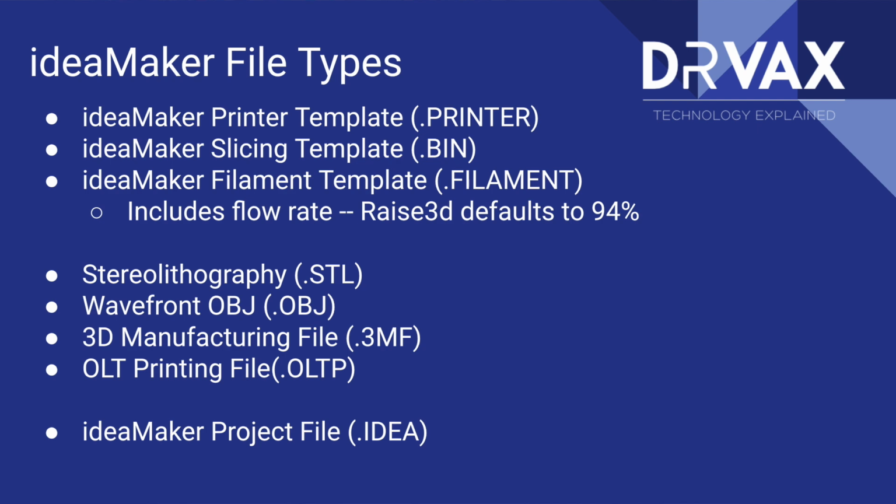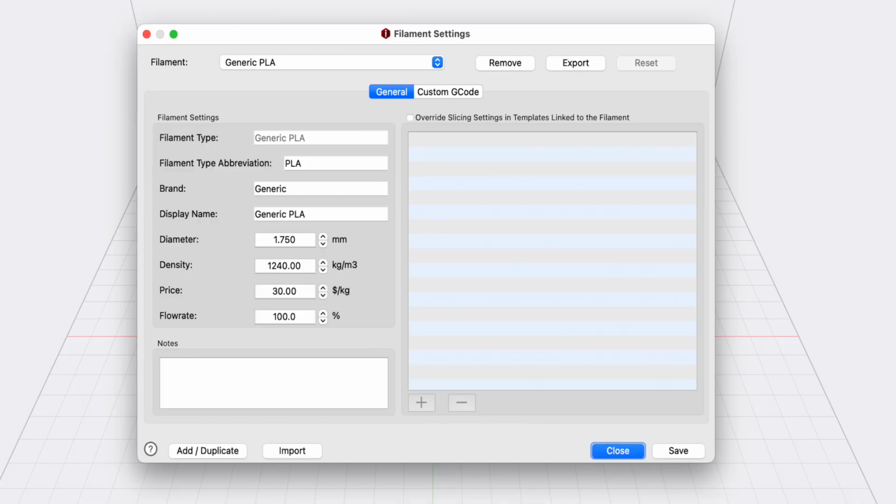The third file listed here is the .filament file. Now this is really important because they do something that's a bit different. What's important here is in the definition it includes flow rate for your print. Now you can override that, but it's sort of hidden where you override it. So I started by making my first prints by just selecting Raise3d 1.75 millimeter PLA.